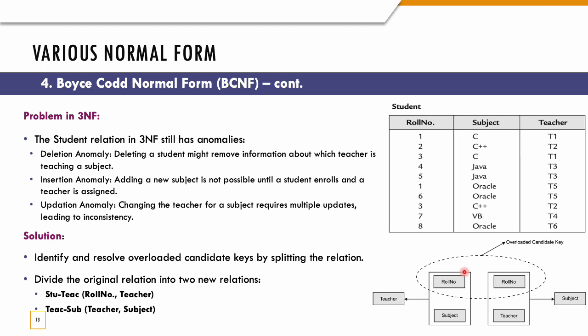So we can find the teacher by using roll number and subject. We can find the subject by using roll number and teacher. We can find a subject by using the teacher only. So this overload complicates the table structure, leading to the anomalies described before.